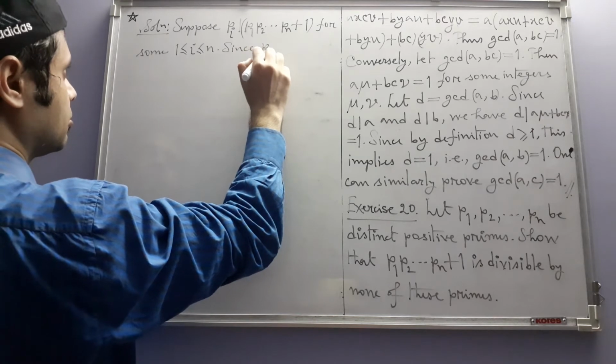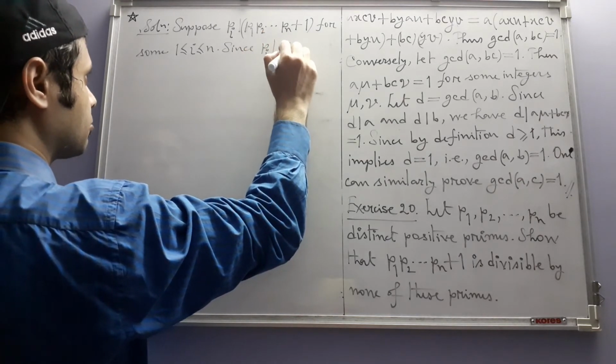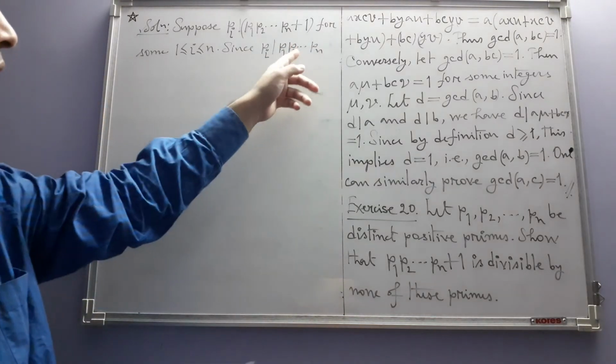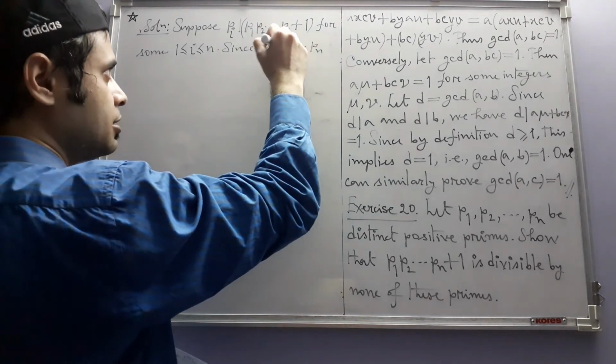Since pi also divides this product of the primes, because pi appears as a factor in this product, pi will divide this product.